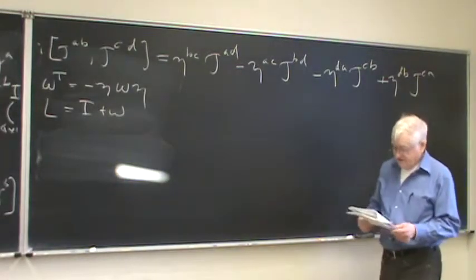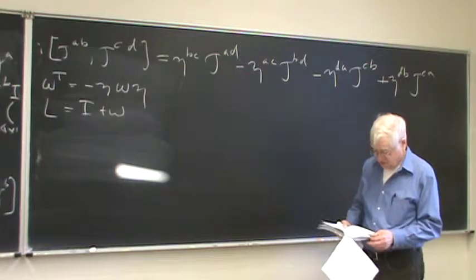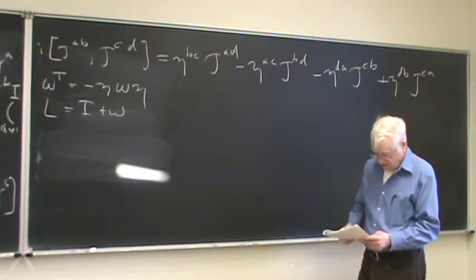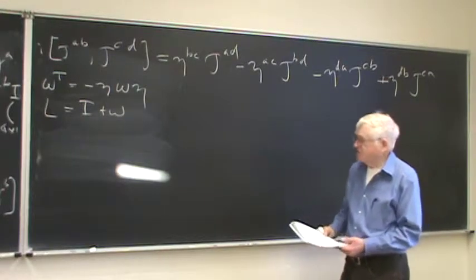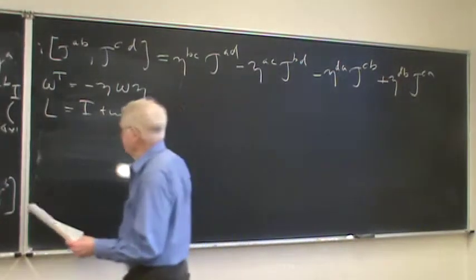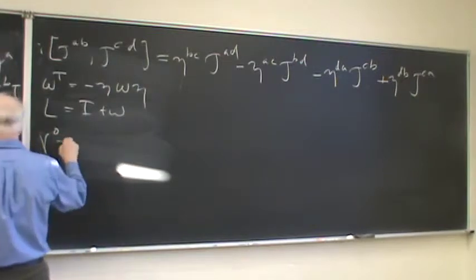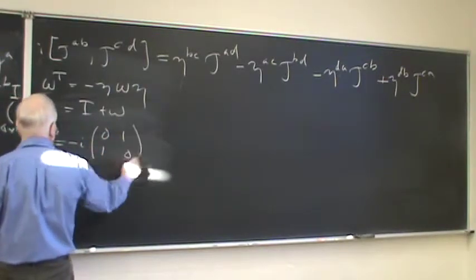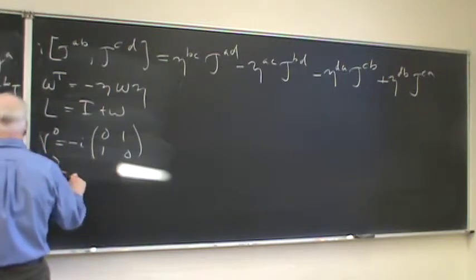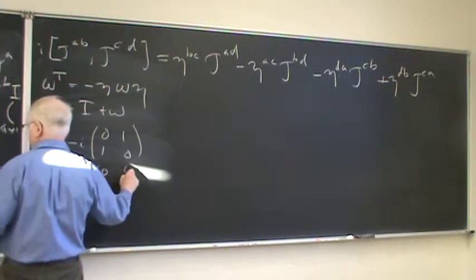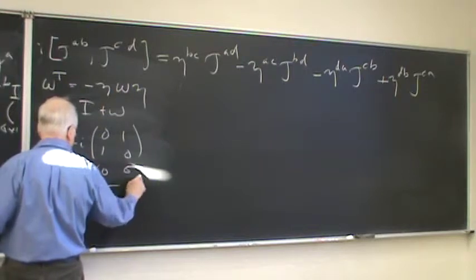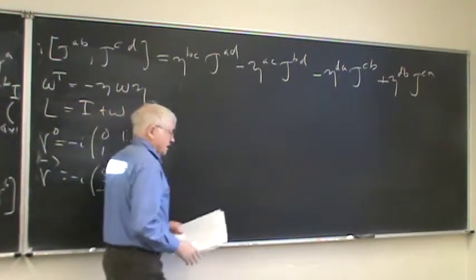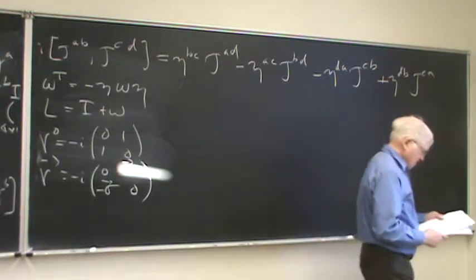Okay. In any event, the remarkable thing is that you can do all these things in terms of these Dirac matrices. The nice Dirac matrices for particle physics are gamma 0 equals minus i times (0, 1; 1, 0), and gamma vector is minus i times (0, sigma; minus sigma, 0). So those are the gamma matrices.